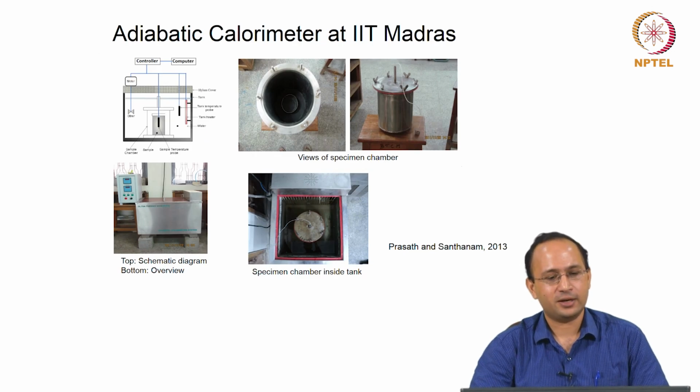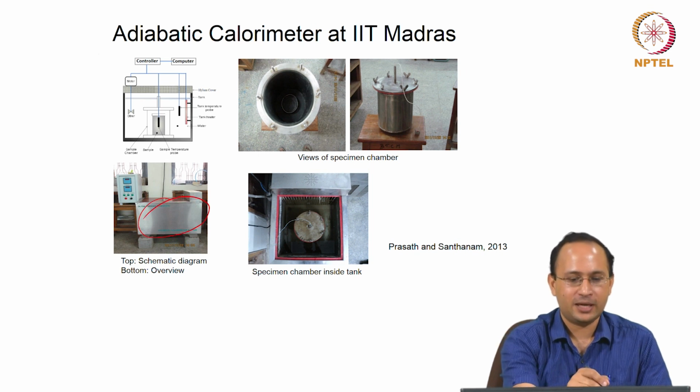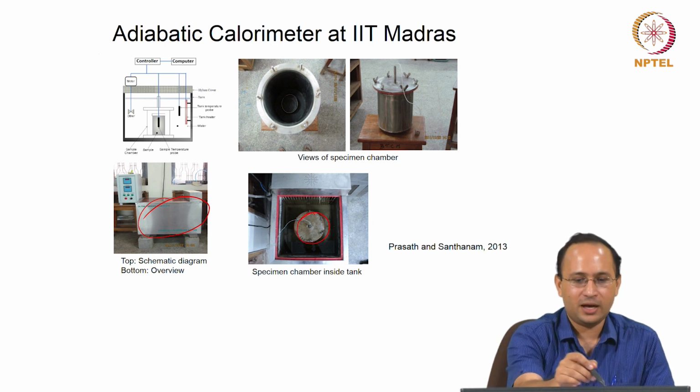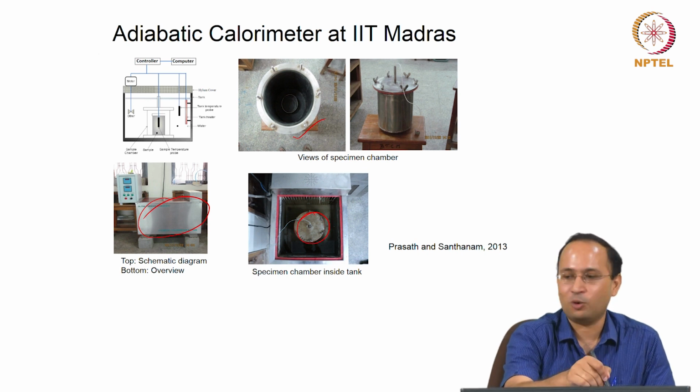Okay, so this is the adiabatic calorimeter we have at IIT Madras, okay. Now you know the principle of the adiabatic calorimeter. You can see, suppose this is the big water tank, right, inside it we have this sample holder, it is the top view. The sample holder looks like this, right. So, you have put your concrete in this sample holder, and it is in the water bath, right.